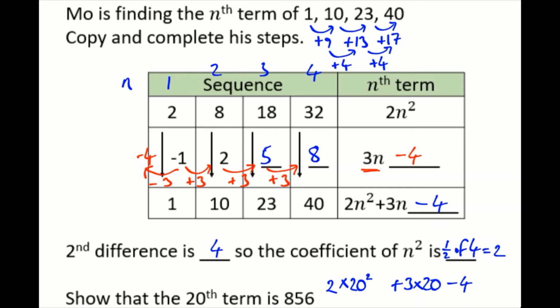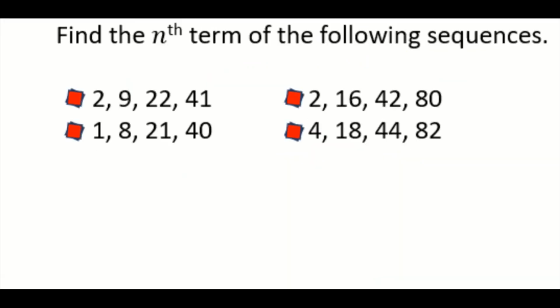Well, 2 times 20 squared, well 2 squared is 4, times 10 times 10 will give us 400, times 2, that's 800, or you could use a calculator. 3 times 20 is 60, and take away 4, so that's 860, take away 4, which is 856. Pause the video and have a go at these questions.